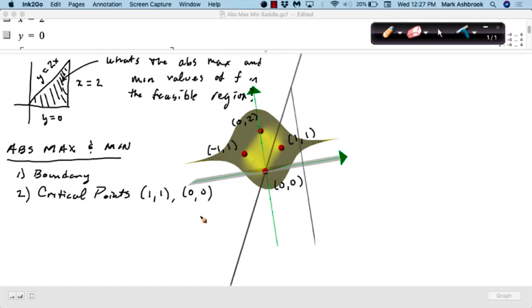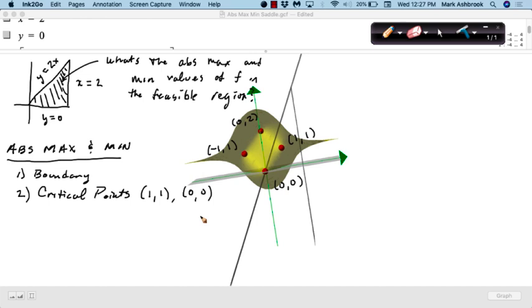If we just found that 1, 1 is a critical point, but didn't find it was a saddle point, then it could be an absolute max or min. But knowing that it's a saddle point means that it's not either, right? Because in one direction it's a min, in another direction it's a max. But we'll just include it in the list. Pretend we didn't know it was a saddle, okay? We just got that critical point. It's inside the region, so we'll keep it.